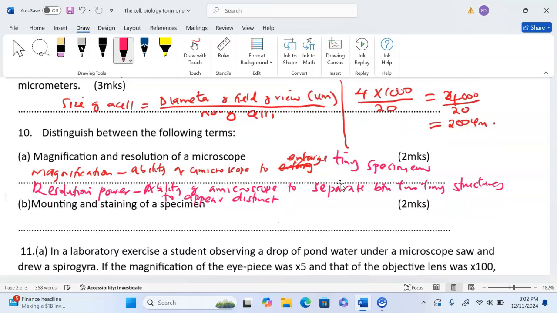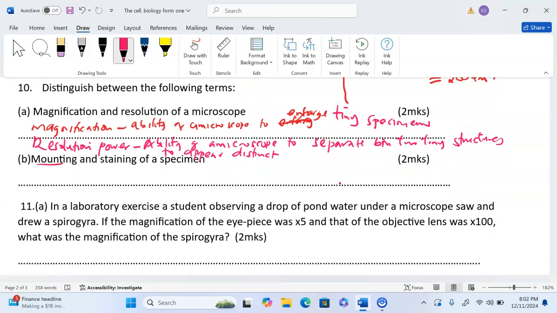We also have another question here. Differentiate between mounting and staining.